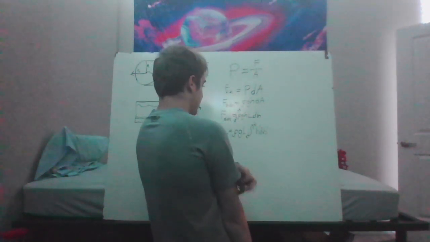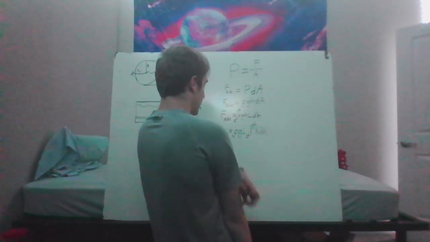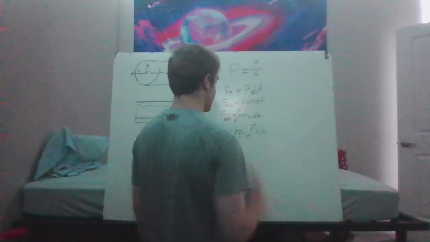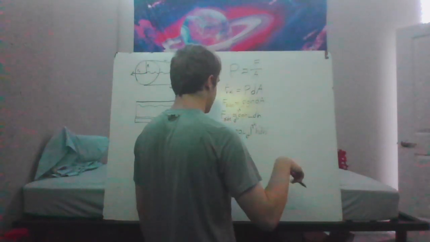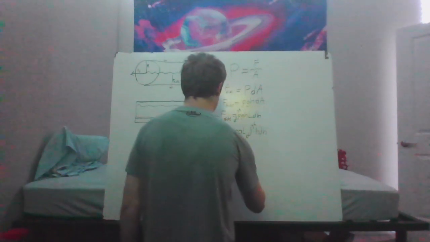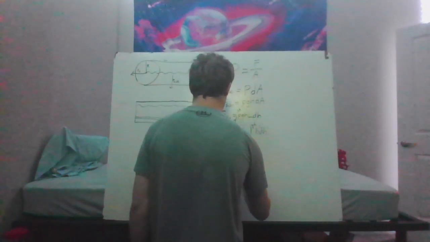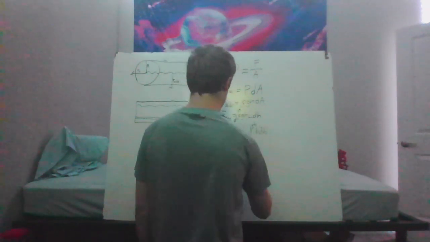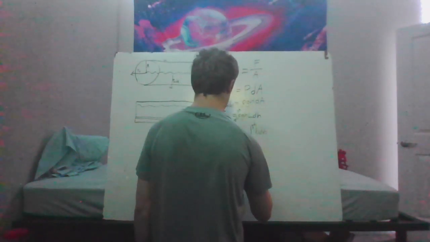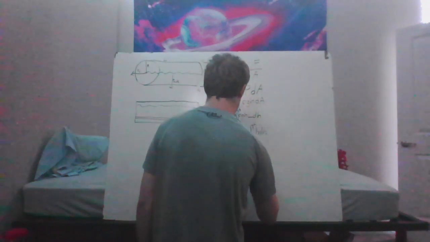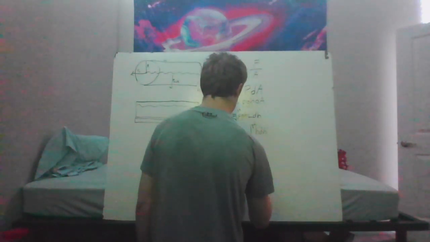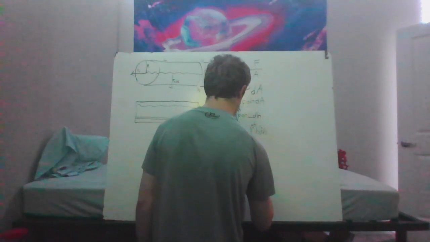And then the integral of this will be 1/2 h squared. So if you plug in the 0, that term will just go away. And we will end up with the force on one cylindrical half or side equal to rho g L h squared over 2.